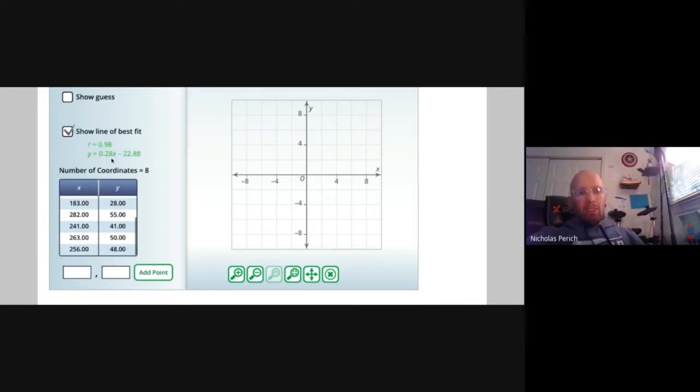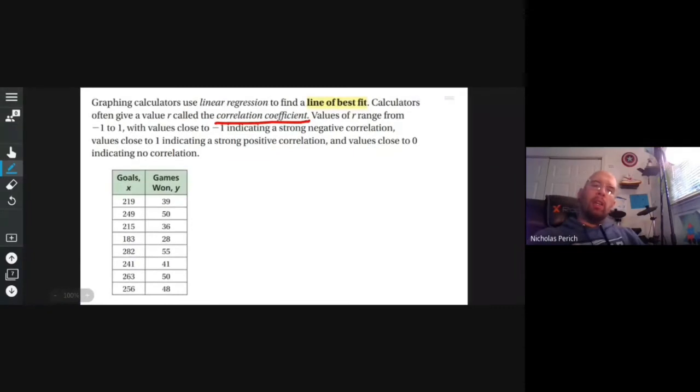So my line of best fit is going to be Y equals 0.28X minus 22.88. So let's go back here. Line of best fit is Y equals 0.28X minus 22.88.